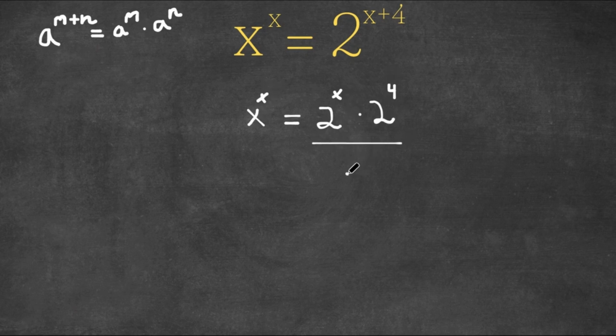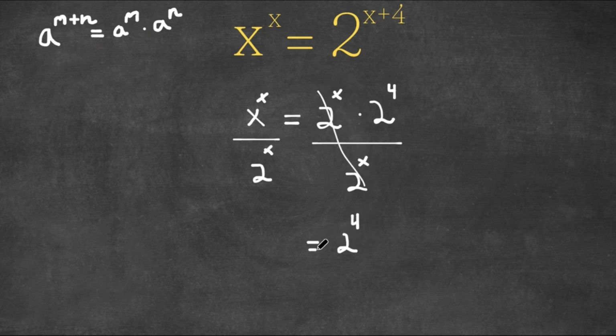Now I'm going to divide both sides by 2 to the power of x. For our right side, these two cancel out, and we would just be left with 2 to the power of 4.